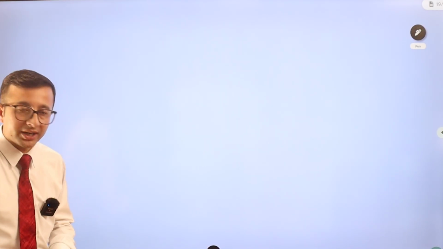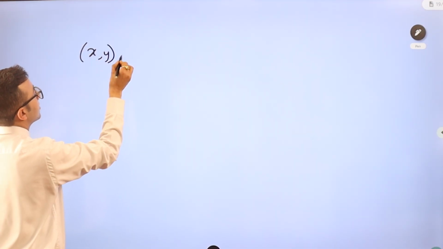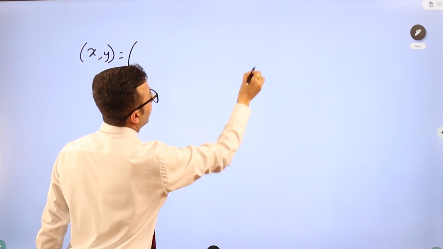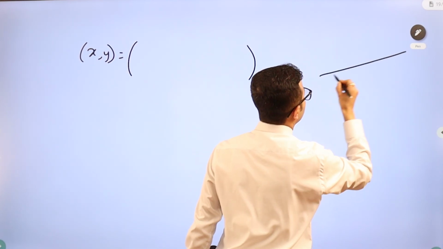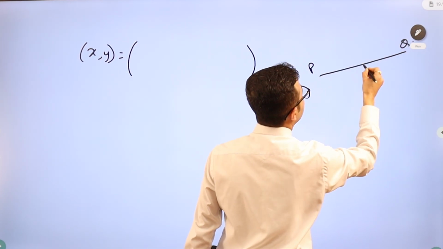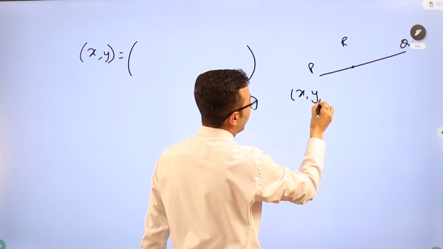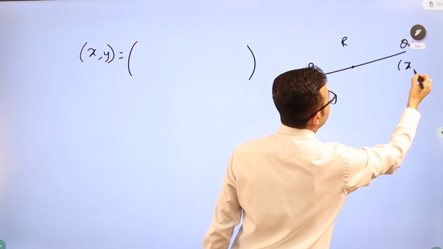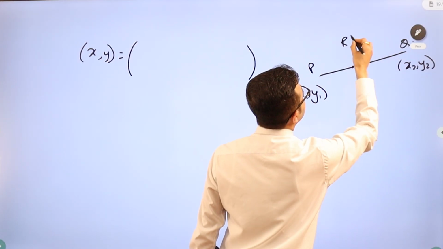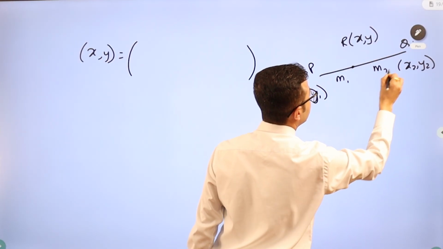Now next, the section formula. Look here, the section formula is (x, y) equals to... First, suppose this is point P, this is point Q, and here somewhere is R. The coordinate of this one is x1, y1, this one is x2, y2, this R is (x, y), and these are m1 and m2.